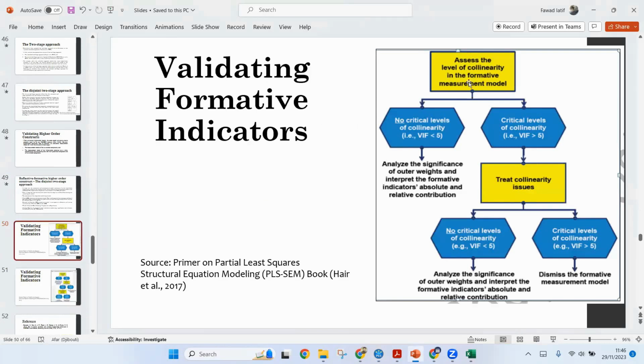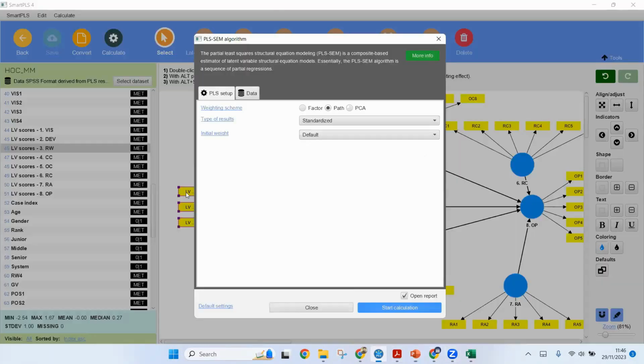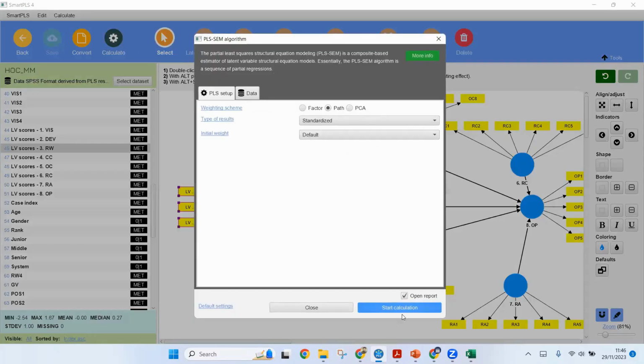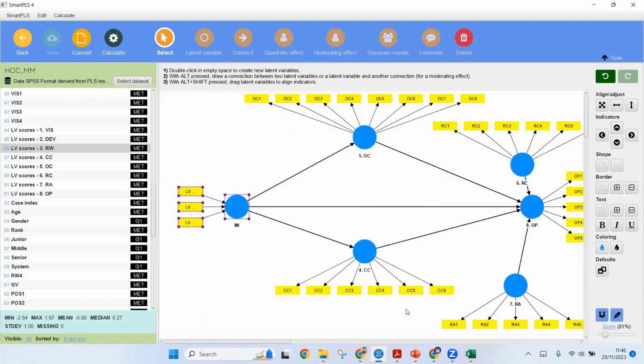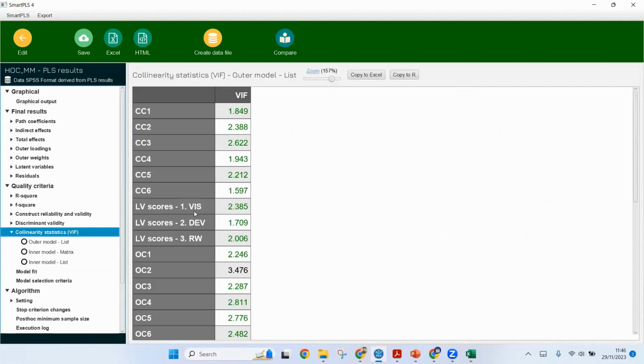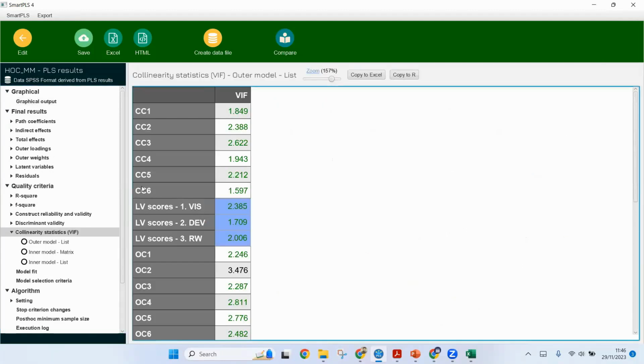Assess the level of collinearity in the formative measurement model. So where are the VIF values? In order to get the VIF values, just go to calculate, PLS SCM algorithm, nothing else to look into, just start. And here are your VIF values. This is what I'm interested in. I'm not interested in anything else.